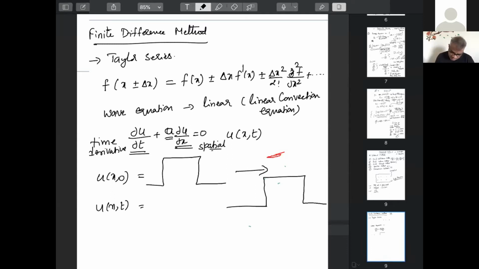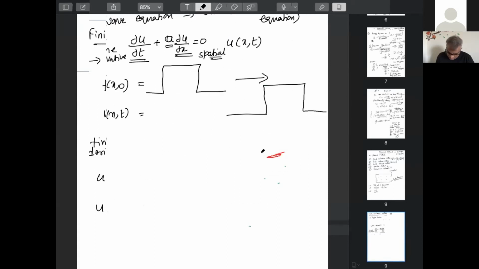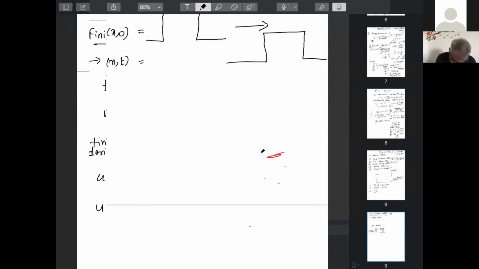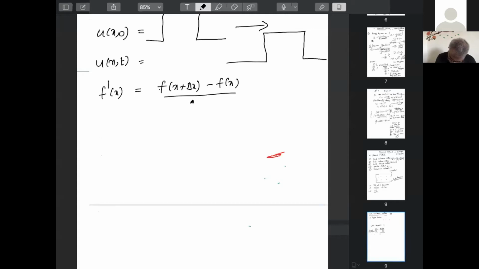The basic idea is that you are looking at the first derivative. So I rewrite my Taylor series in terms of my first derivative: f prime of x can be written as f of x plus delta x minus f of x, divided by delta x, and all other terms you have delta x by 2 factorial, del square f by del x square, and all other higher order terms.